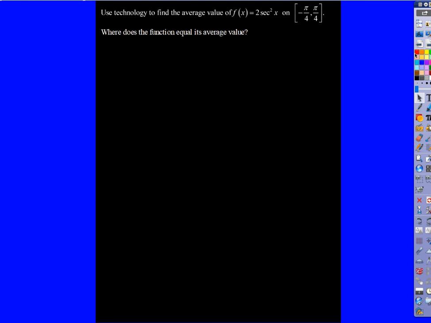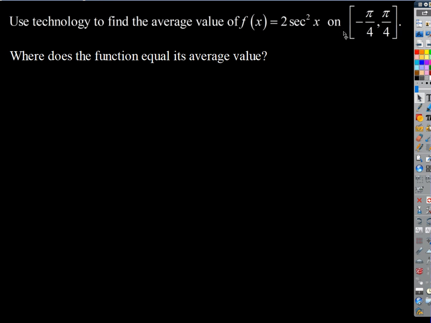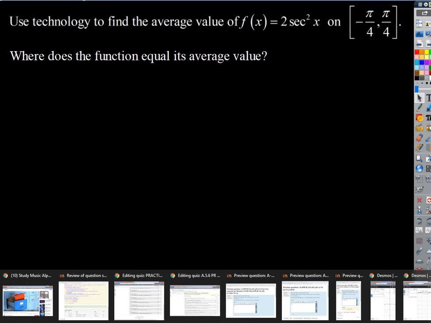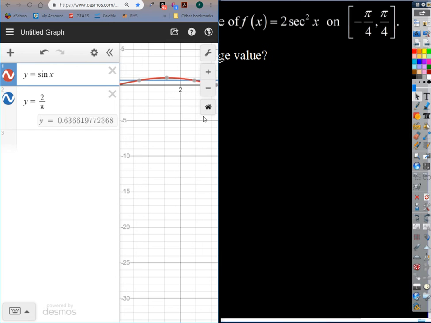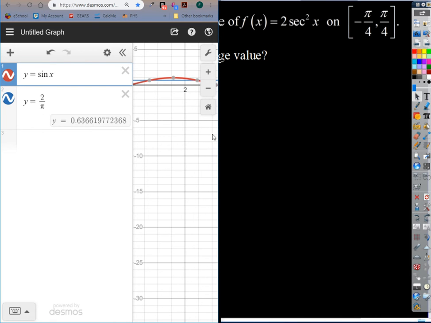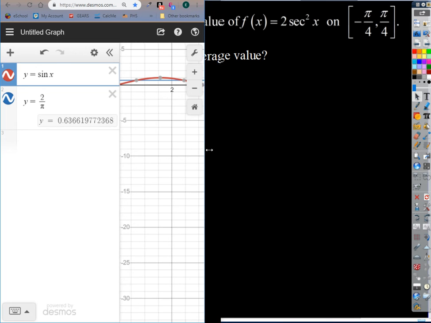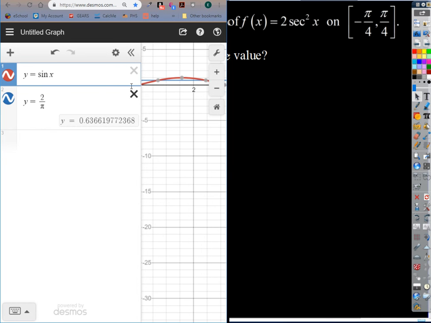All right. So then let's do this whole problem with technology. If I want to find the average value of f of x equals 2 secant squared x on this interval, what would I do in Desmos? The mean value theorem says the average value is just what?